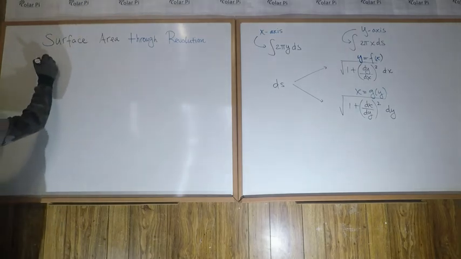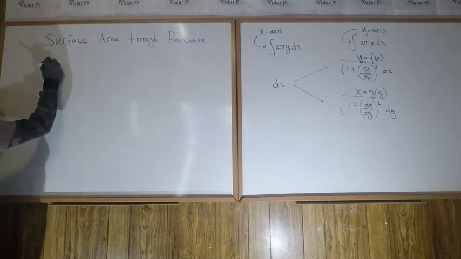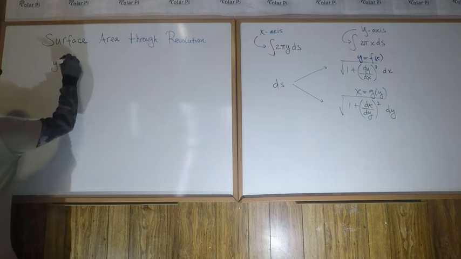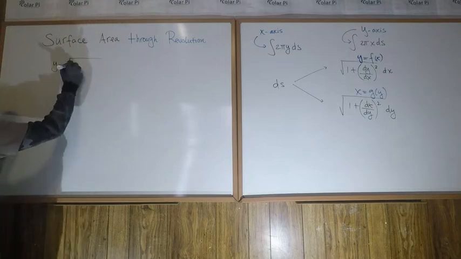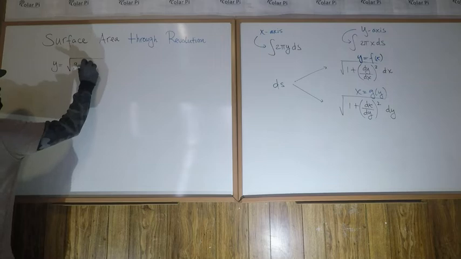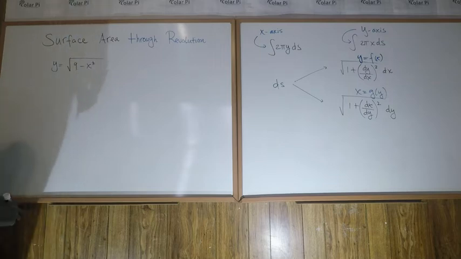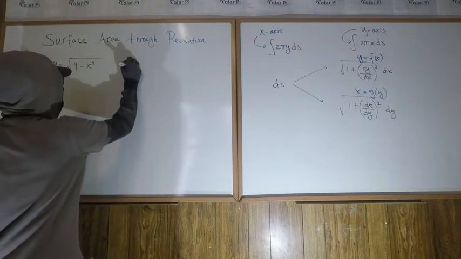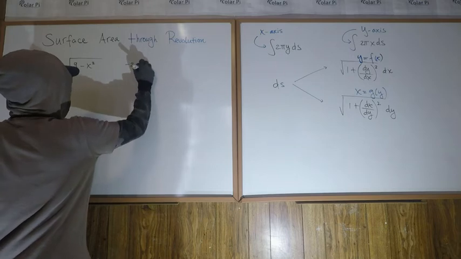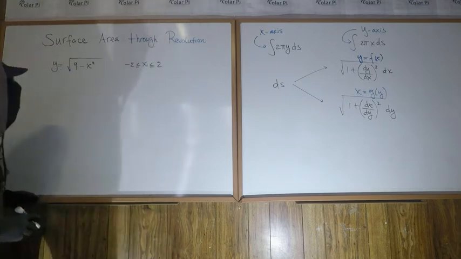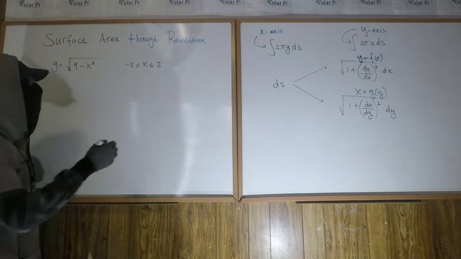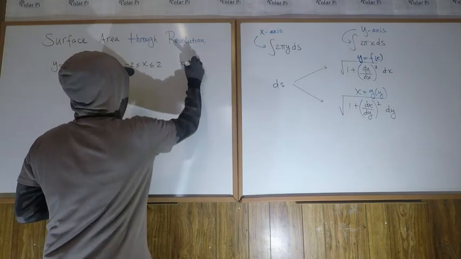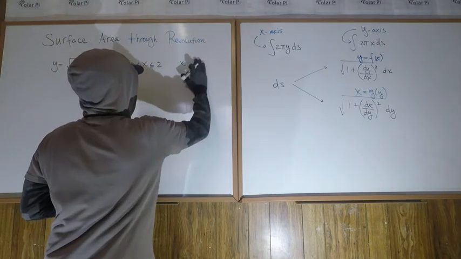So, this is going to be considering the function y equals the square root of 9 minus x squared, and then we're doing this from -2 is less or equal to x is less or equal to 2, and we're revolving about the x-axis, right? Okay, x-axis.